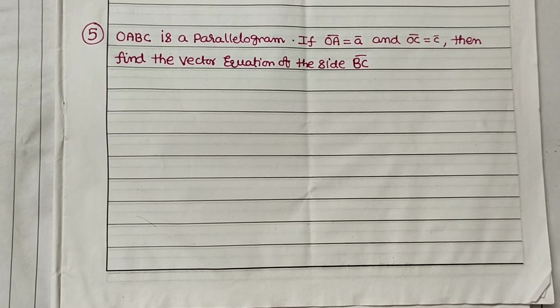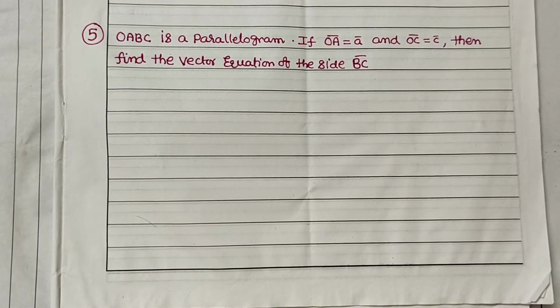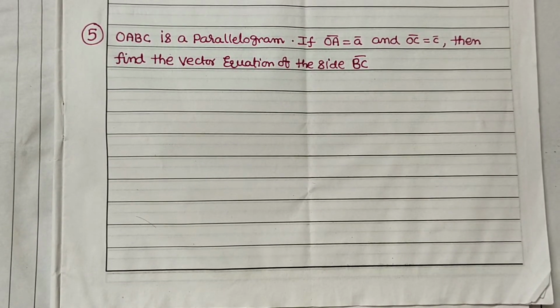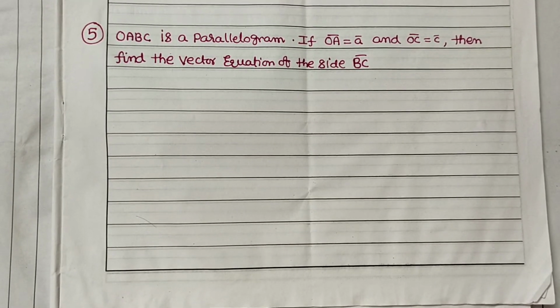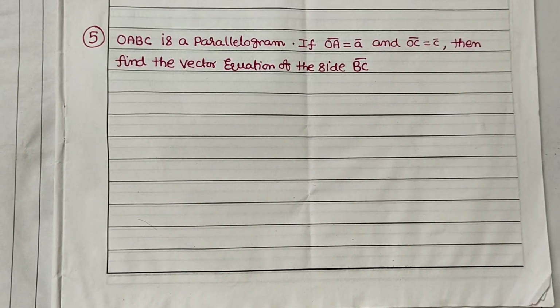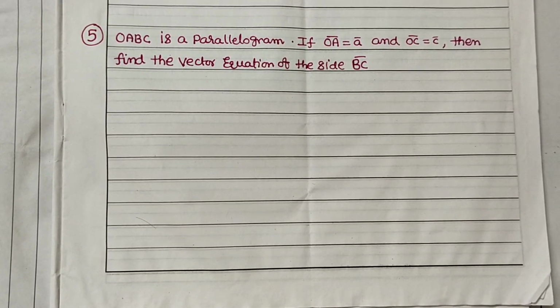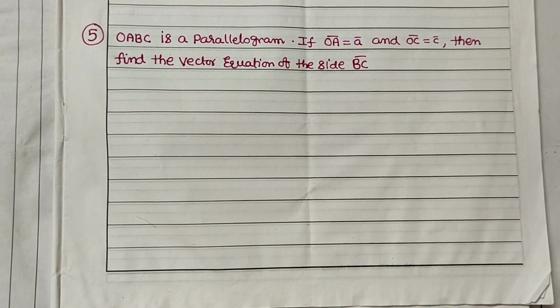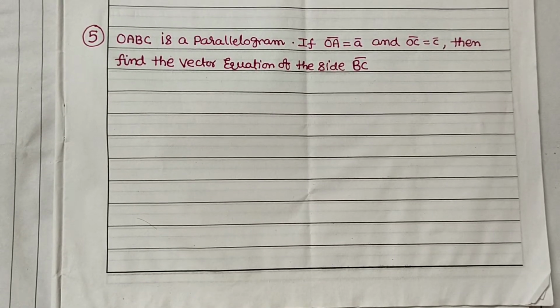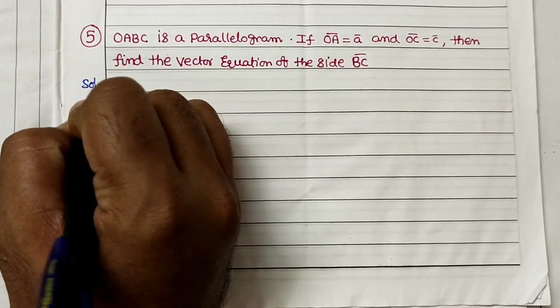The next question, this is also important for 2 marks. OABC is a parallelogram. If OA equal to A bar and OC equal to C bar, then find the vector equation of the side BC. So first draw the rough figure of the parallelogram.